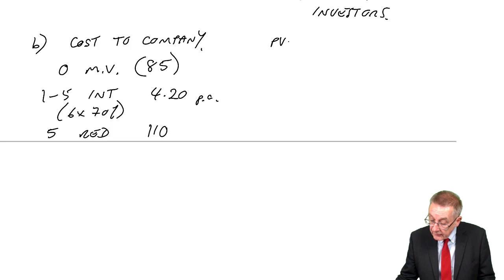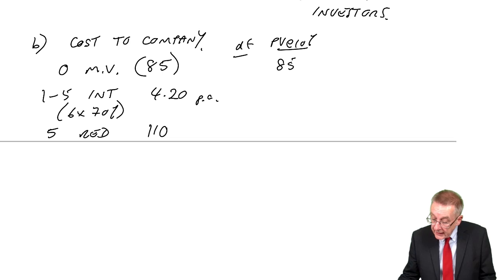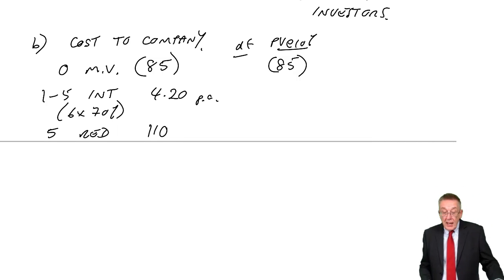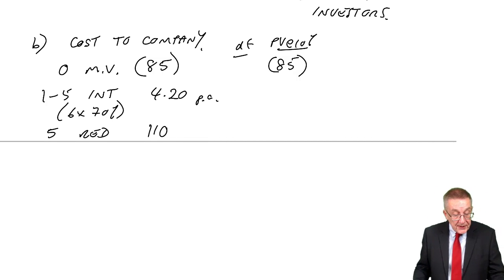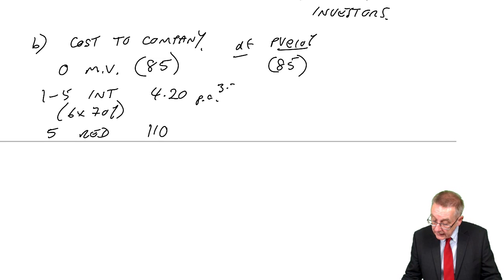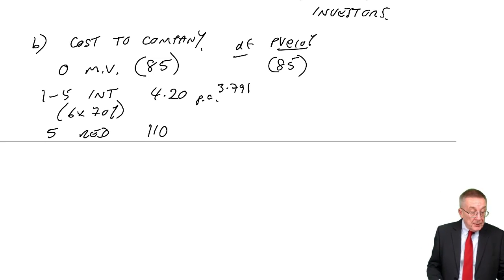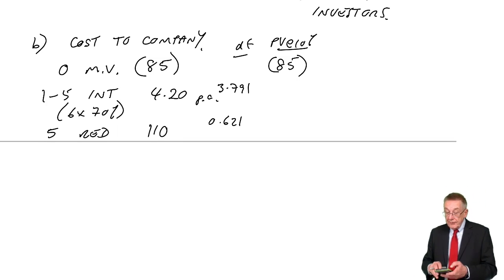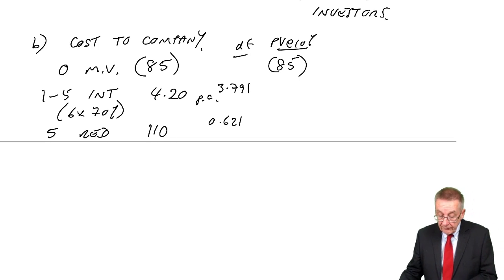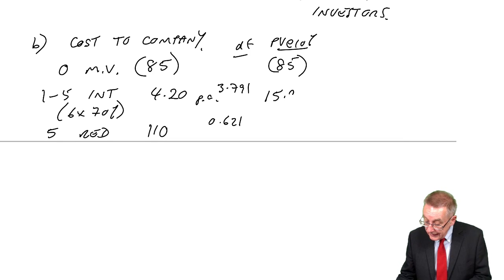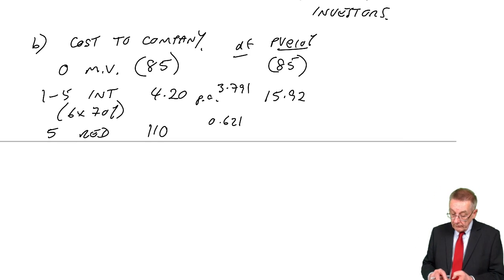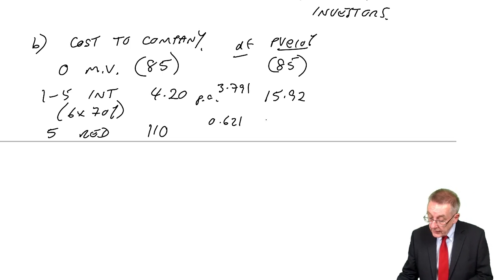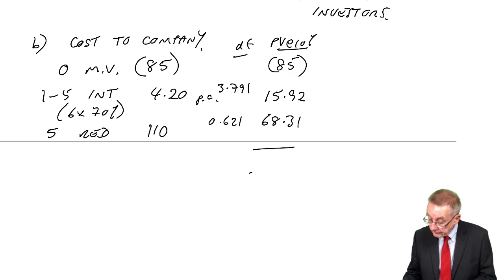First of all, let me work out the present value at 10%. 85 is 85. And the 5-year annuity factor at 10% is 3.791. The ordinary present value factor, 5 years at 10%, is 0.621. And so the present values are $15.92 and $68.31.